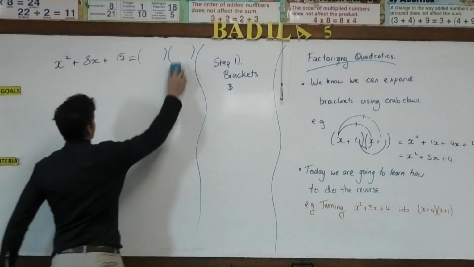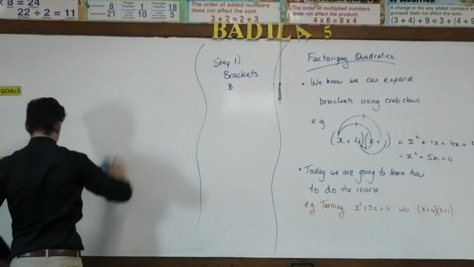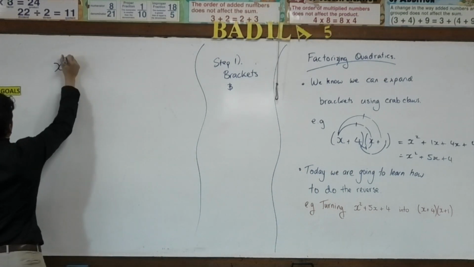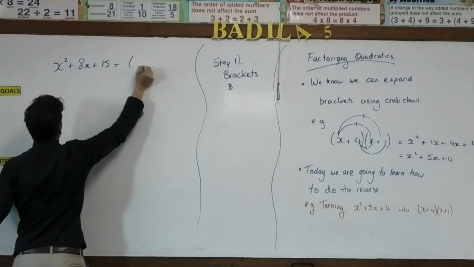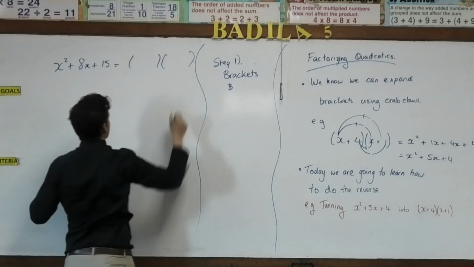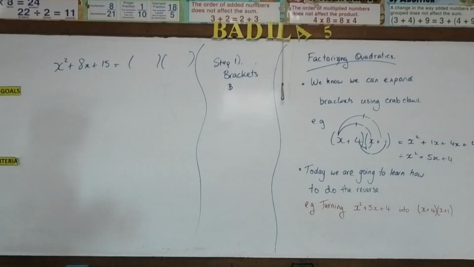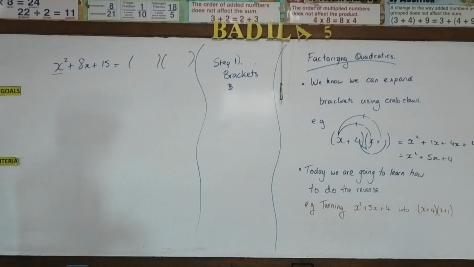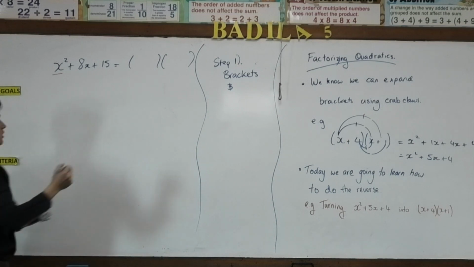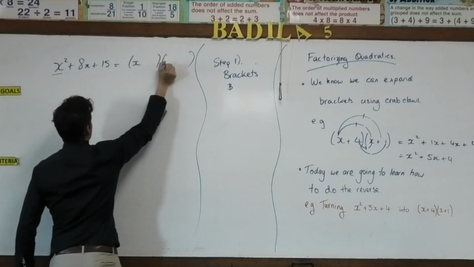So I've got x squared plus 8x plus 15 equals, I've drawn my brackets. I'm going to tell you the term that it relates to, well, James practically knows, but it relates to this term here. James, what do you think it is? X.